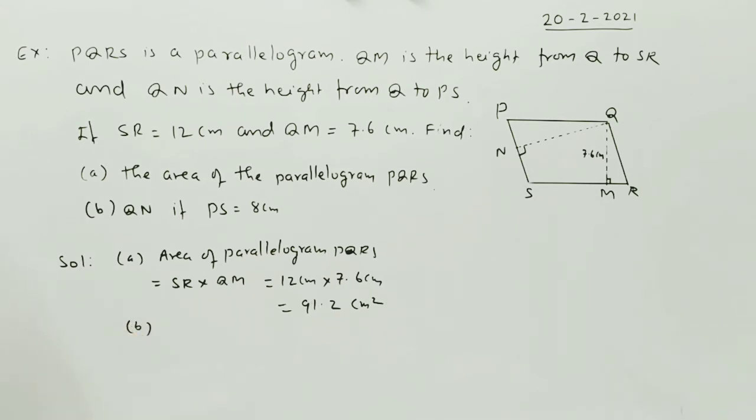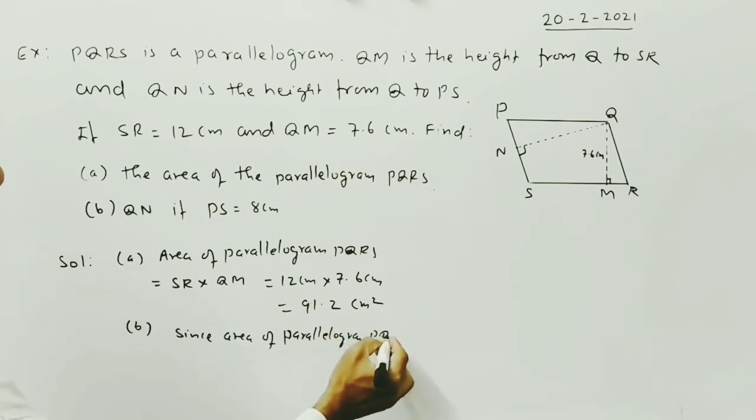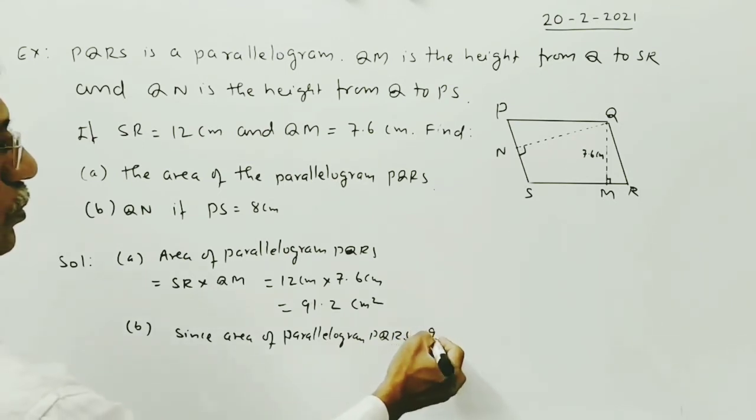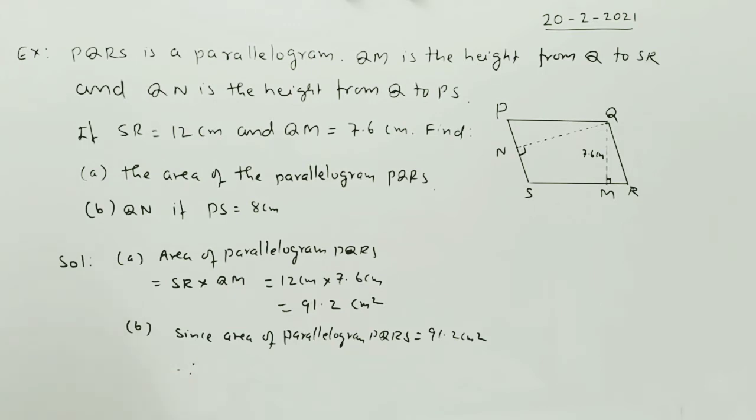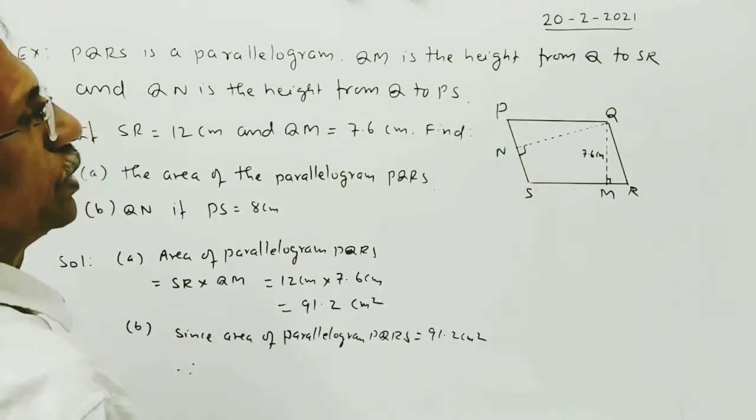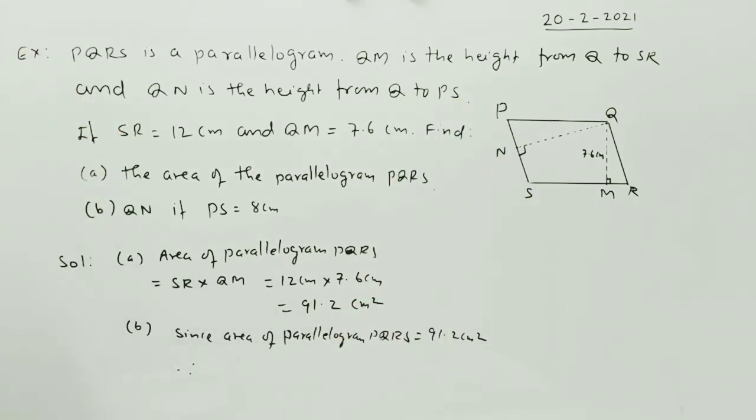B. Since the area of parallelogram PQRS is equal to 91.2 square centimeter, therefore now we can consider PS as a base and QN as an altitude.